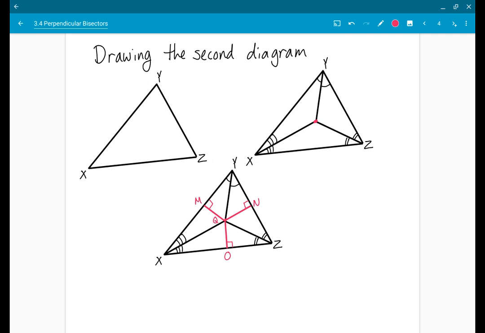So the shortest distance from this point to N, from Q to N, ends up being perpendicular to the side YZ. Last, I labeled the 3 points where it meets, and you can add a congruency marking here to show that those 3 are also equidistant or congruent.